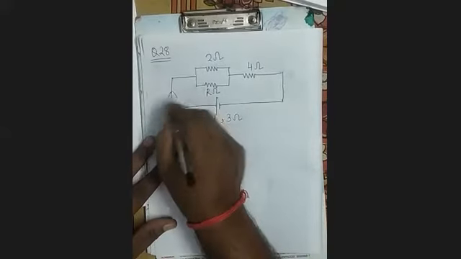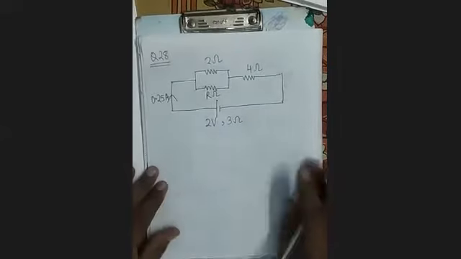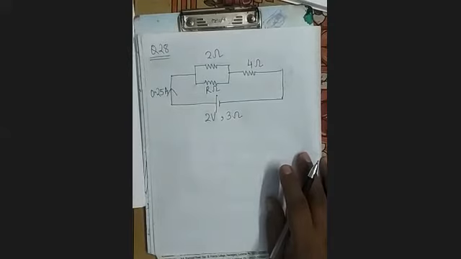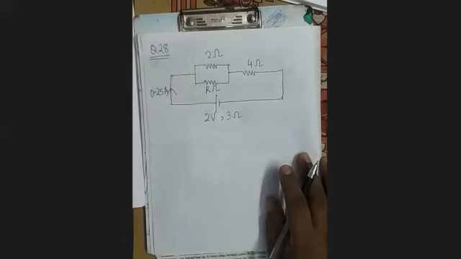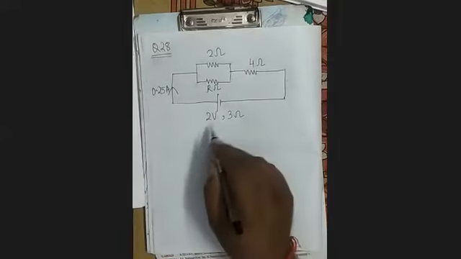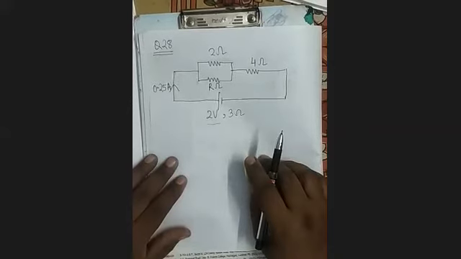And current is 0.25 ampere. Now all of you see here, the circuit diagram shown in the figure 8.53 shows three resistors 2, 4 and R connected to a battery of EMF 2 volt. Means the total potential drop will be 2 volt and internal resistance 3 ohm. If the main current is 0.25 ampere flowing through the circuit, find the potential difference across 4 ohm resistor.